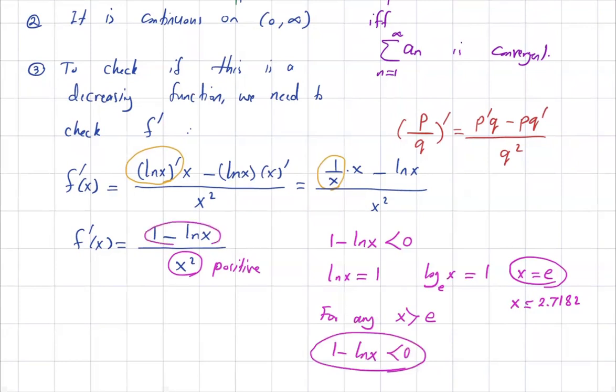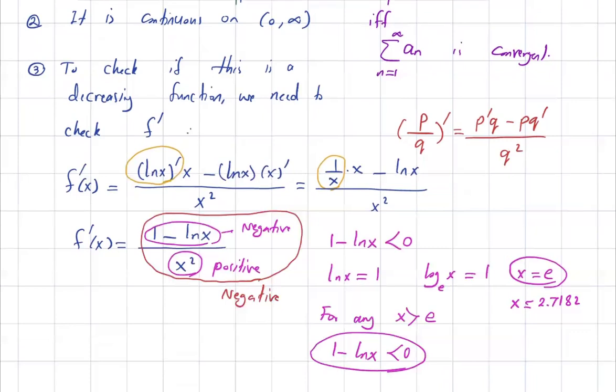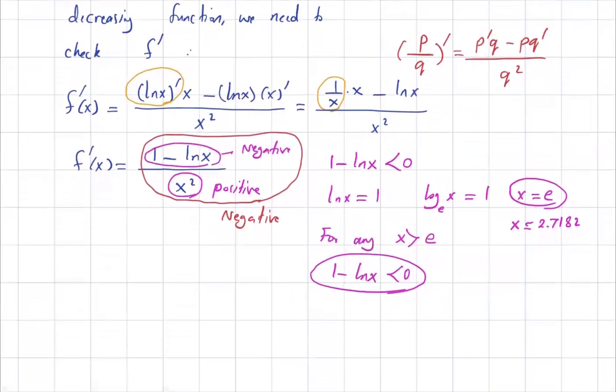So on the numerator you have a negative quantity, and negative divided by positive gives you negative. So for any x more than e, f prime of x is indeed negative, and you have a decreasing function.